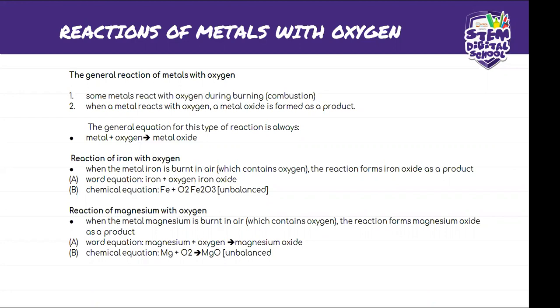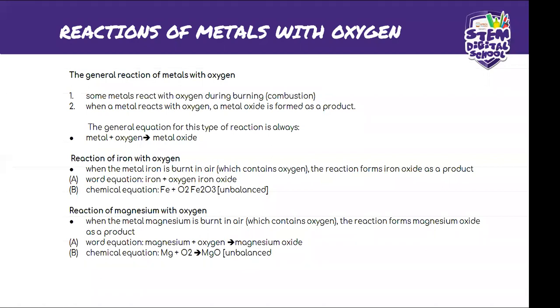Some metals react with oxygen during burning. Another way of saying it is combustion. So anything that reacts with oxygen undergoes a combustion reaction. And when a metal reacts with oxygen, a metal oxide is formed as a product.